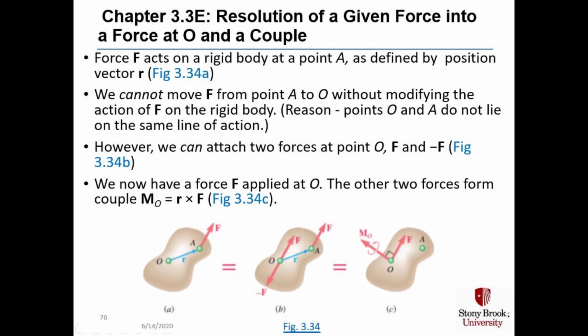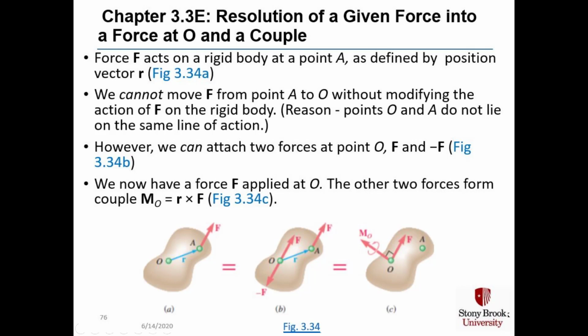Now we keep the force F that's applied at O, and we create a couple of the forces plus F acting at point A and minus F acting at point O. And the moment M sub O is equal to r cross F. We show that moment couple M sub O as having this extra clockwise direction arrow around the moment arrow.